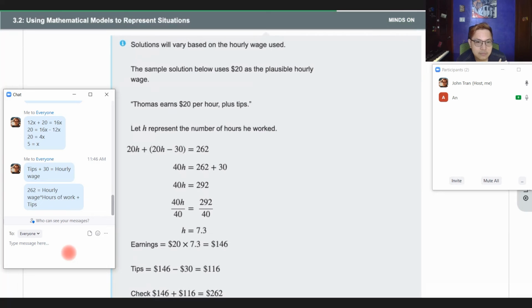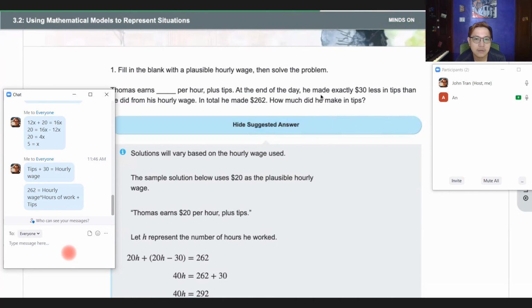Okay, let H represent the number of hours he worked. Oh, it's that simple. 20H plus... Oh, I forgot that number, 20 per hour. Where do you get that 20? It said he made exactly $30 less in tip, but where does the $20 come from?